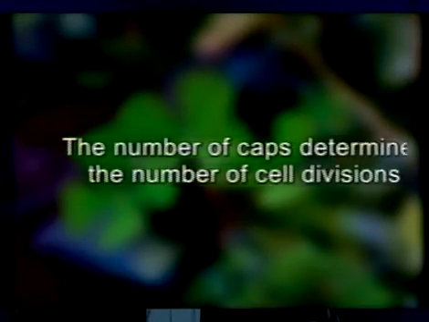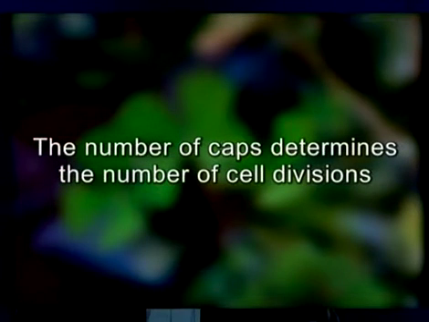In Oedogonium, the successive divisions take place only in the cap cells, so the number of caps formed on the cap cells determines the number of cell divisions the cap cell has undergone.